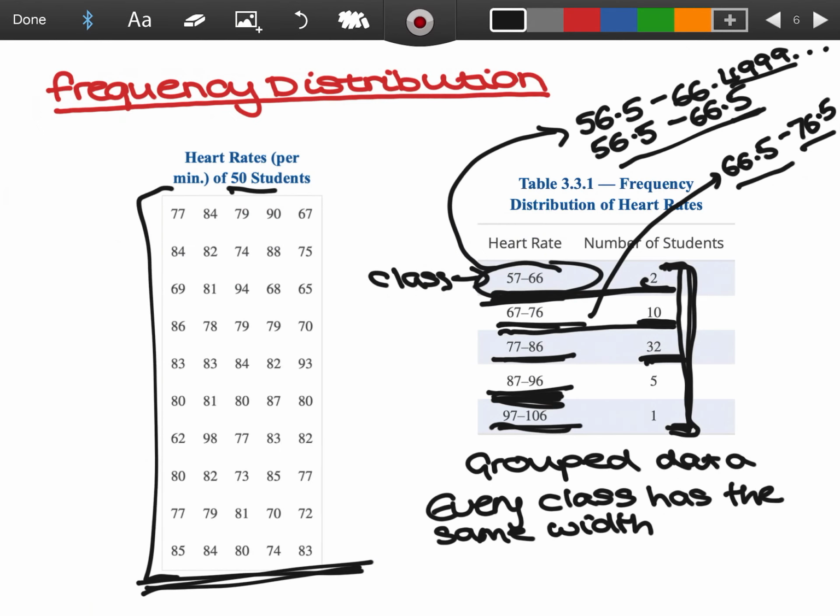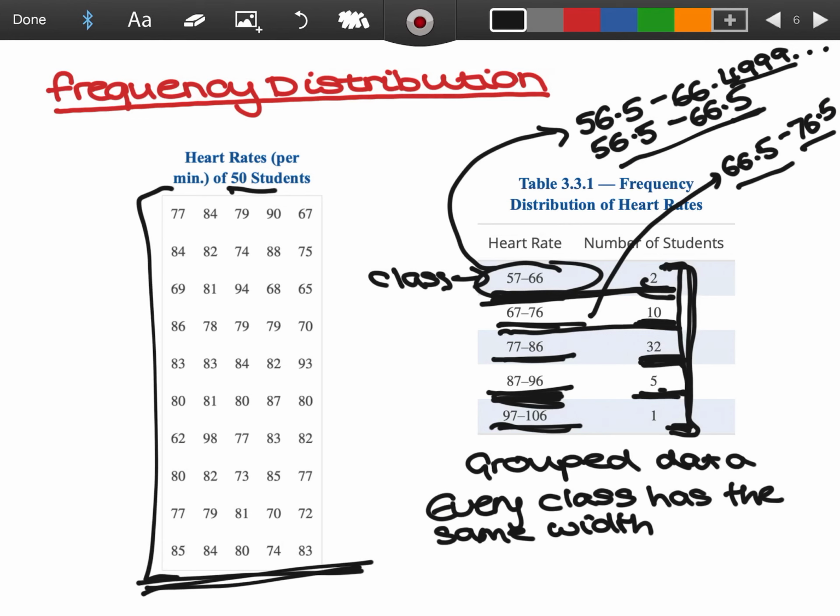So if they said to you, what is the cumulative frequency of the class 87 to 96? Well, I would take the frequency of that class, which is 5, and I would add it together with every frequency of the classes that came before it. So I would say that the cumulative frequency of 87 to 96 would be 5 plus 32 plus 10 plus 2, which is 49. So the cumulative frequency of the class 87 to 96 is 49.